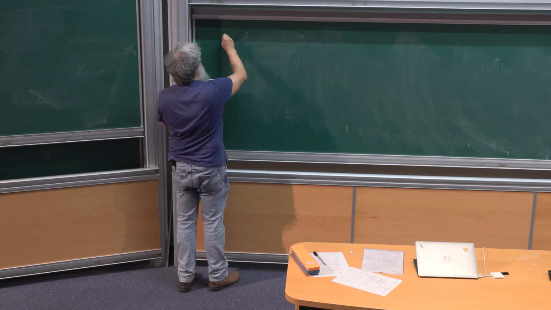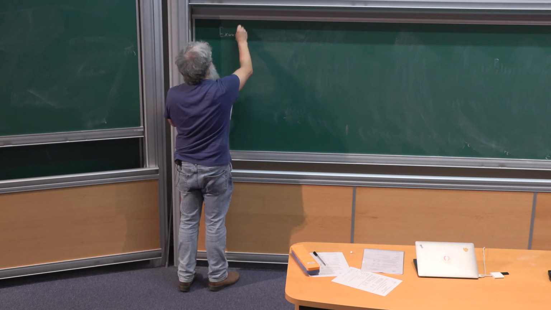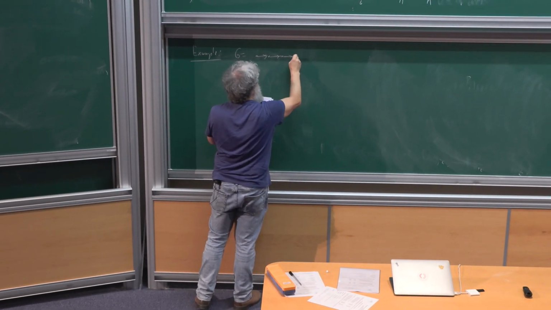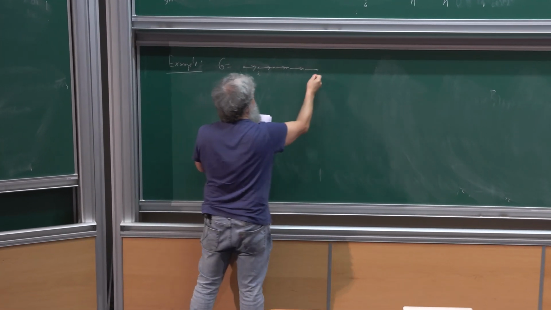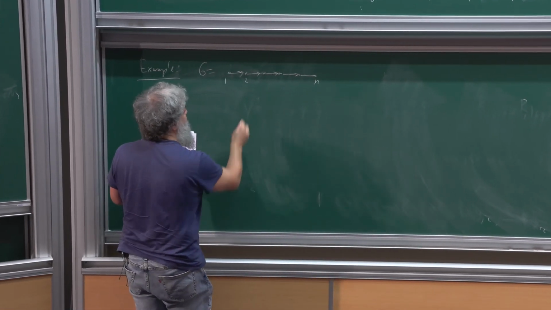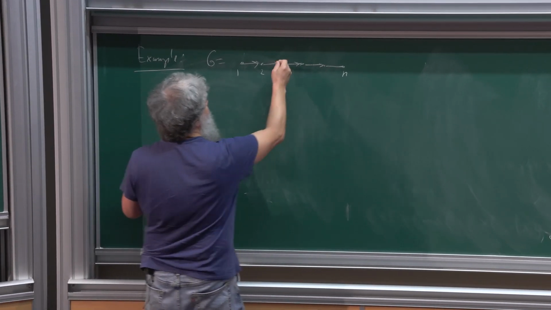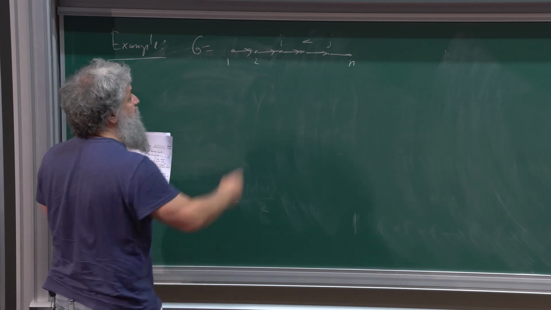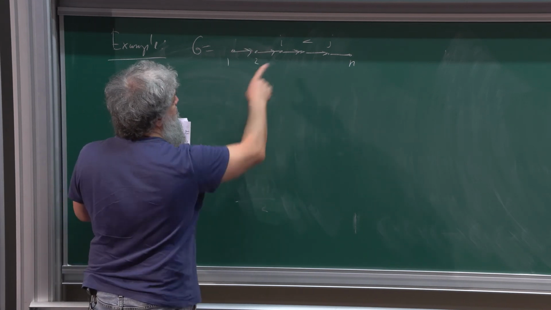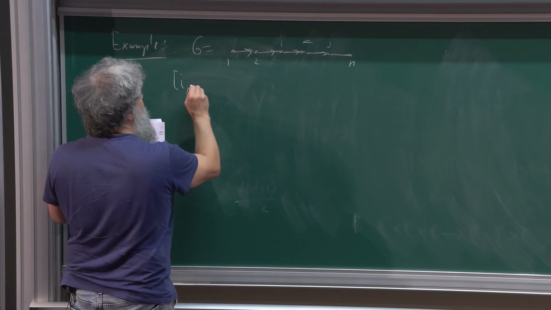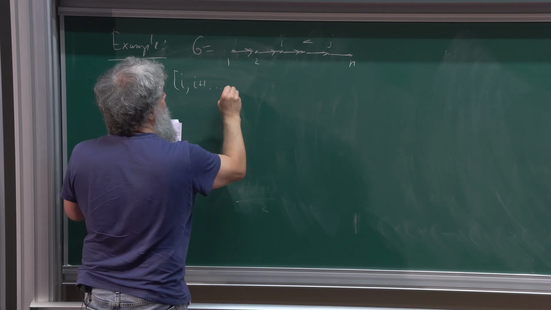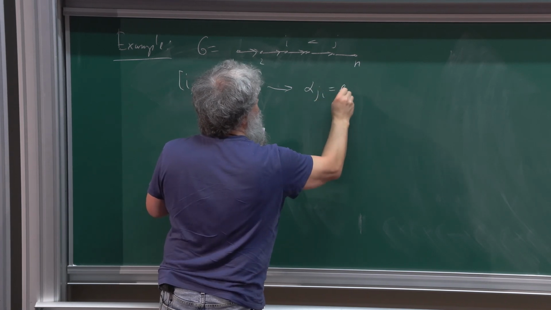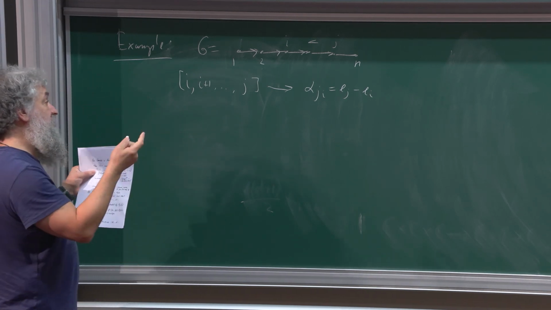So if we consider a line graph, example, if G is a line graph with vertices 1, 2, etc., n, then paths in such a graph are just intervals. We take some vertex I and go to some vertex J which is strictly larger. We do not consider trivial paths from I to I. Such paths which start at I and end at J correspond to the positive root alpha J I, which is EJ minus EI in the root system for SLN.